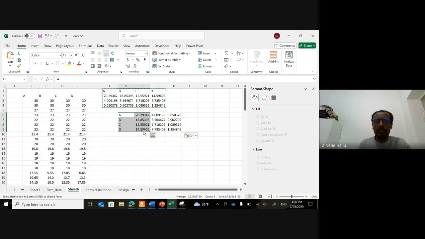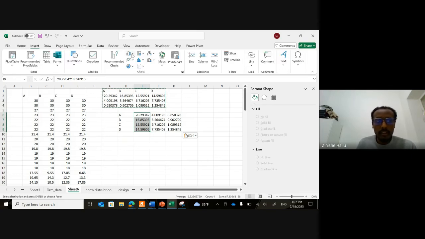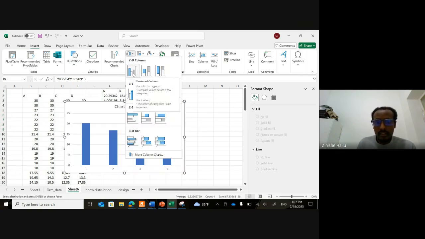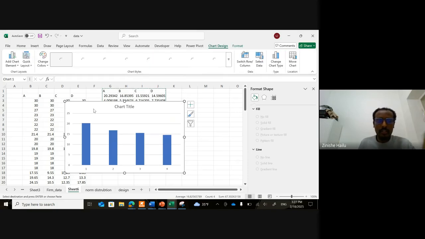So I will go to the insert. In this case, I recommend the bar chart. Go to the bar chart, and you'll get it like this.